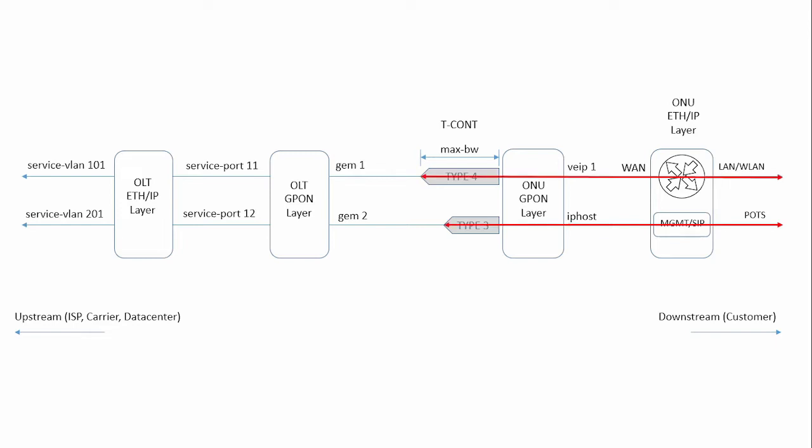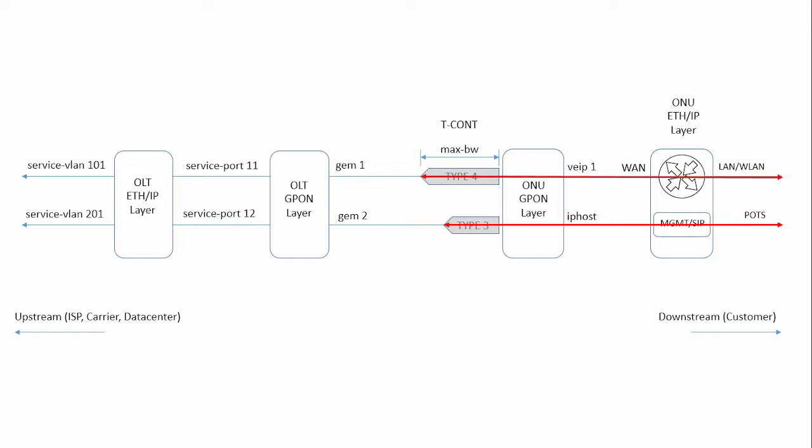In the upstream direction, the traffic of one or more services is transmitted by a T-CONT, which is short for transmission container. In GPON, there can be up to 128 ONUs in a single optical fiber. Each ONU can have one or more services, and upstream bandwidth is 1.25 gigabits per second, shared with all these services.